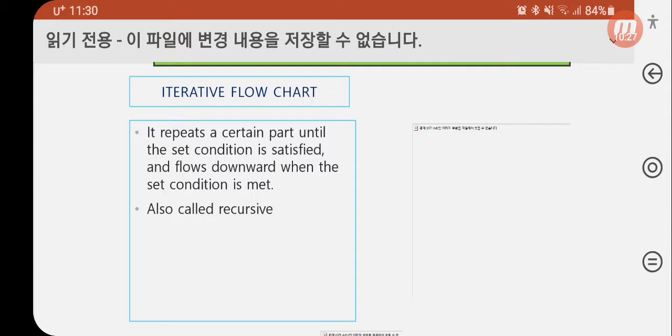A repeating flowchart repeats a certain part until the set condition is satisfied, and flows downward when the set condition is met, also called recursive.